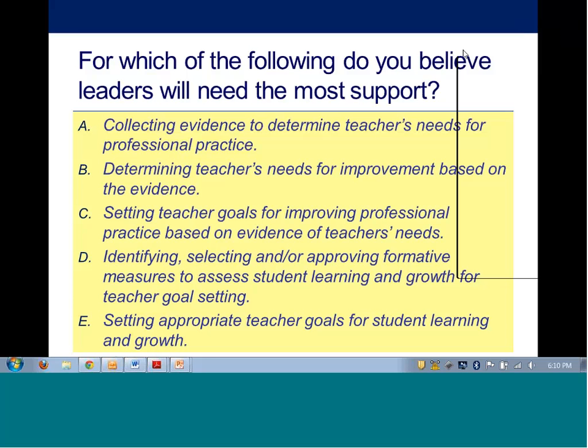Let's take a look at that. So we have about 6 of you that haven't had a chance to answer yet, and we've got 40 seconds left in the poll.